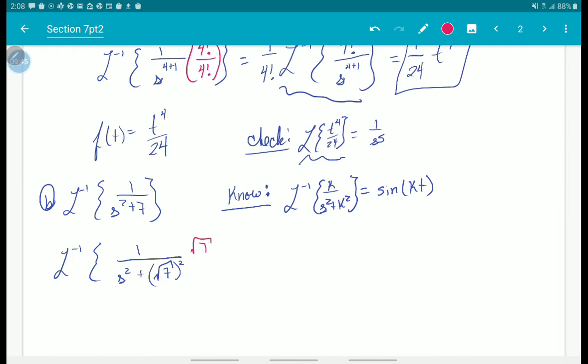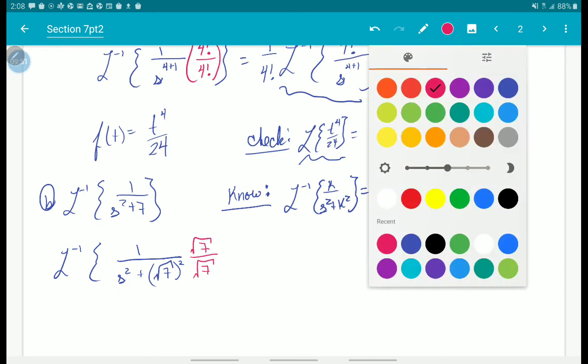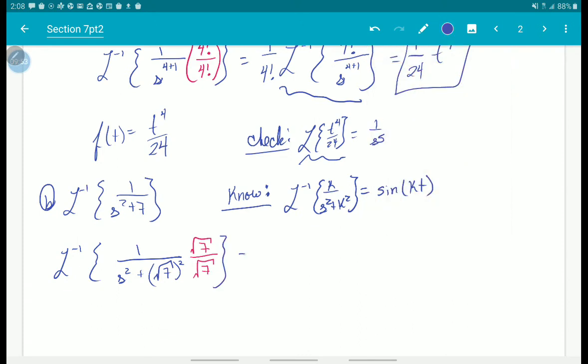So we can multiply the top by square root of 7 as long as we also multiply the bottom by square root of 7. Now, that square root of 7 there on the bottom, we can pull that out. That's 1 over square root of 7 times the inverse Laplace of the square root of 7 over s squared plus square root of 7 quantity squared.